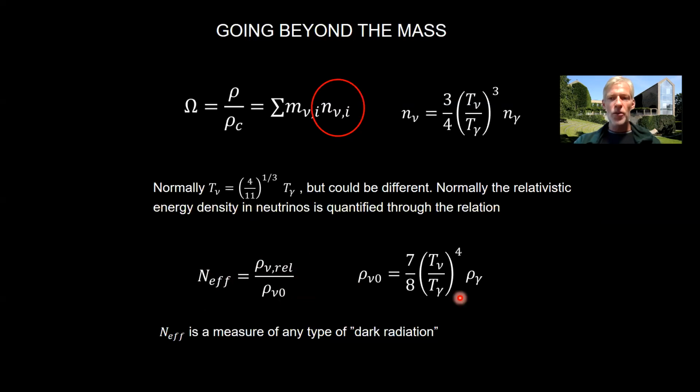So this is very close but not identical to the standard model neutrino energy density. There's a slight subtle difference between this and the actual density. We'll see that in a minute.